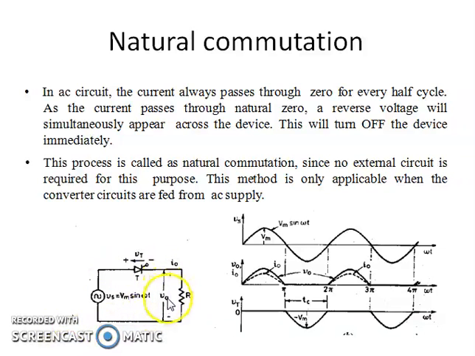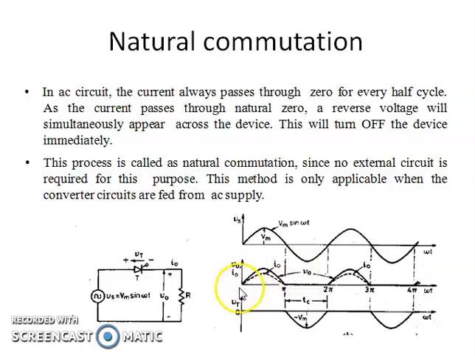An example of a natural commutation circuit is a rectifier circuit. The figure shows a half-wave rectifier circuit with a resistive load. Our input voltage Vs is equal to Vm sin omega t. That is an AC input. Vm is the maximum of the input voltage. This is our sinusoidal voltage. We are turning on the SCR at omega t equal to 0 instant.